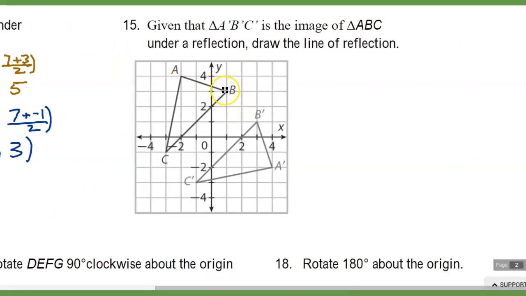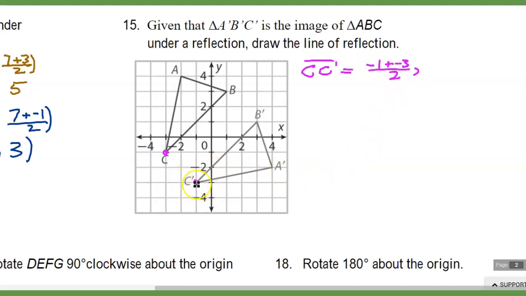Okay, so one more time, just extra practice is always good. Okay, at least 2 points. So let's do C and C prime. I can do this one a little faster. So the x's are negative 1 and negative 3. Negative 1 plus negative 3 divided by 2.